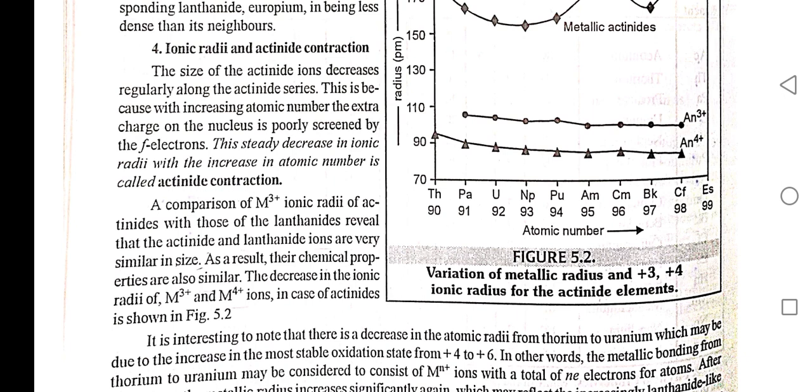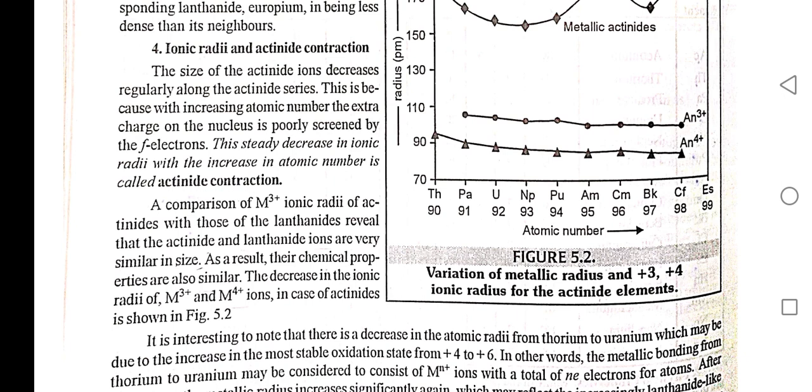The steady decrease in ionic radii with the increase in atomic number is called actinide contraction. A comparison of the M3+ ionic radii of actinides with those of lanthanides reveals that the actinide and lanthanide ions are very similar in size. As a result, their chemical properties are also similar.